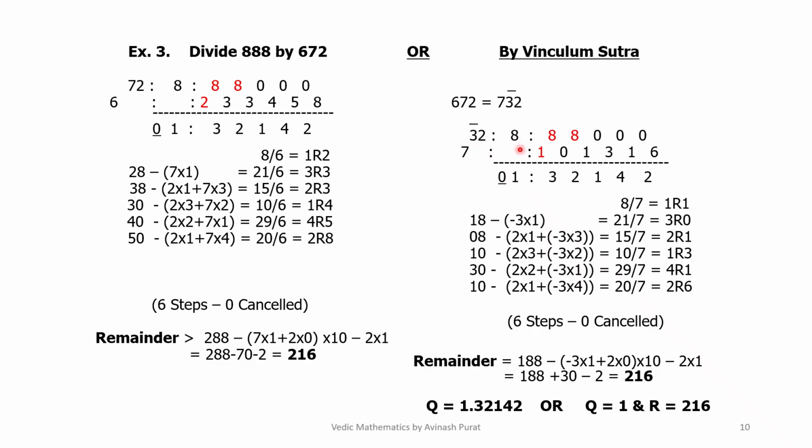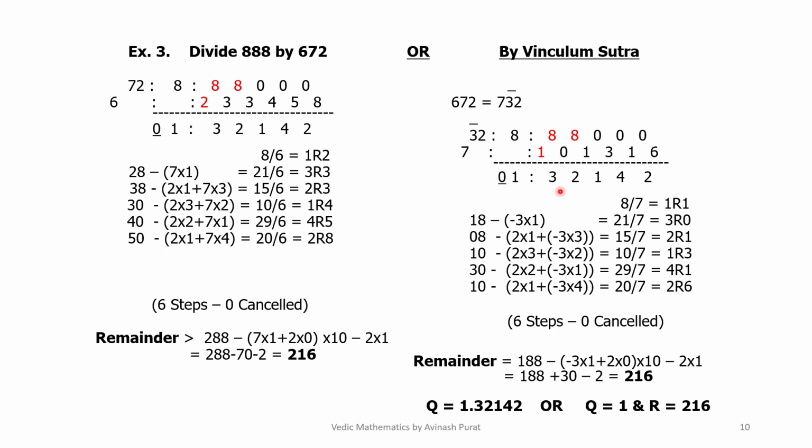Now 8 by 7 is 1 remainder 1. 18 minus 3 into 1, that is plus 3, so 21 by 7 equals 3 remainder 0. 0 is remainder.